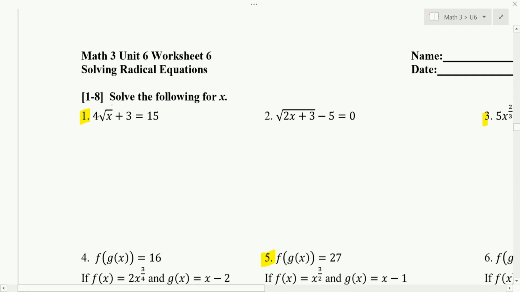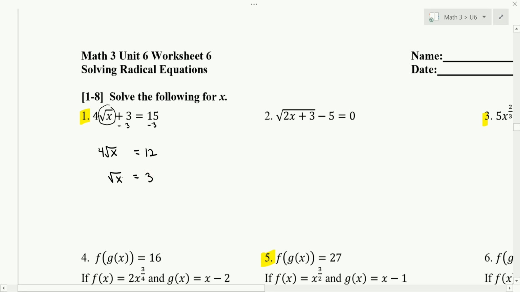The first thing we want to do is isolate the square root of x. To do that, we subtract 3 from both sides of the equation and end up with 4 root x plus 0 is equal to 12. Then divide by 4, and you end up with the square root of x is equal to 3.